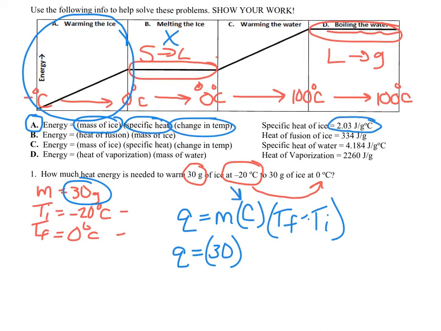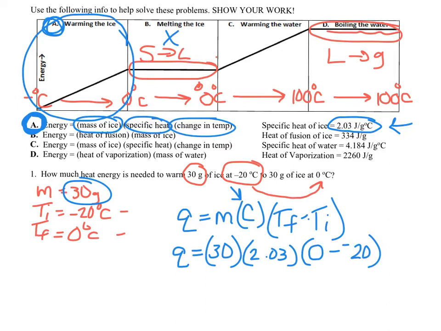Since water is solid right now, its specific heat is different than liquid water. So we are going to put that as 2.03. Again, because that's the specific heat of ice, and it tells you in section A. Since you're in section A, you use the A equation, all right? And then our final temperature was 0 degrees Celsius minus our starting temperature, which was a negative 20. Now be careful, minus a minus is really adding, so keep that in mind when you do your math.